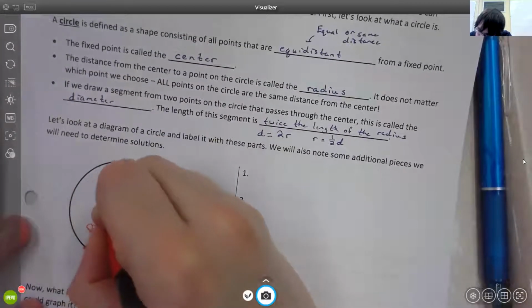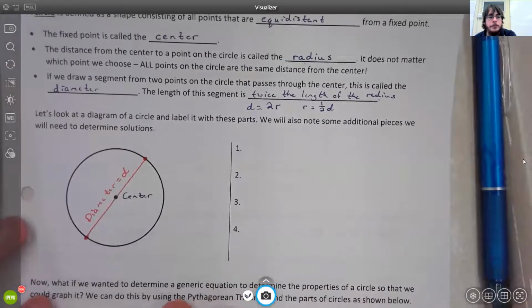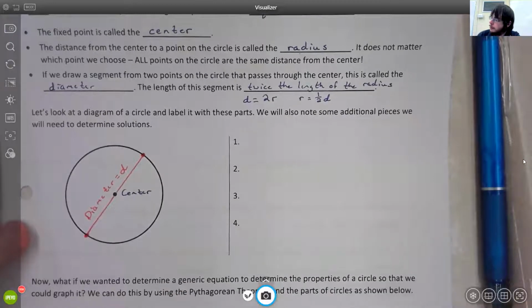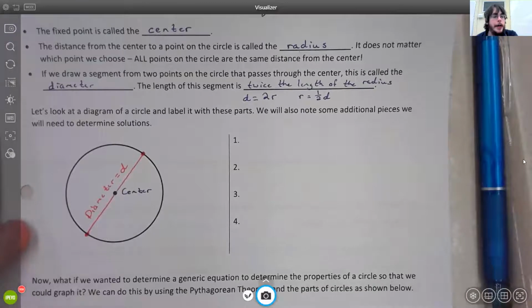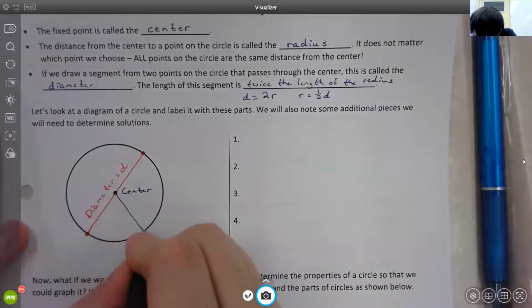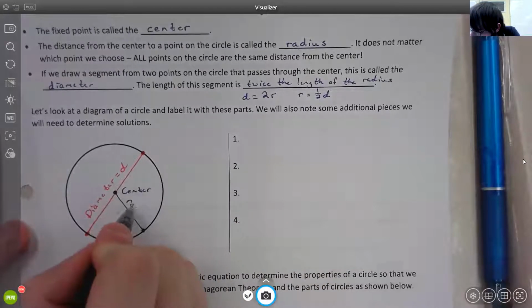So the red line here would be the diameter D. And then finally, the last part we're going to talk about in this video, we start from the center and go to a point on the circle. And that green line is our radius, which is R.